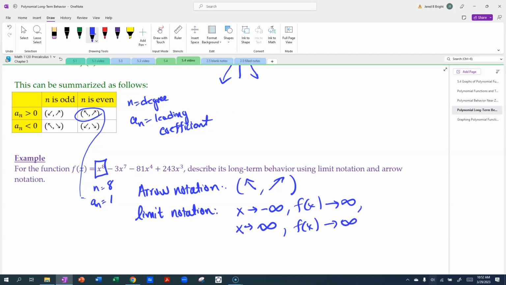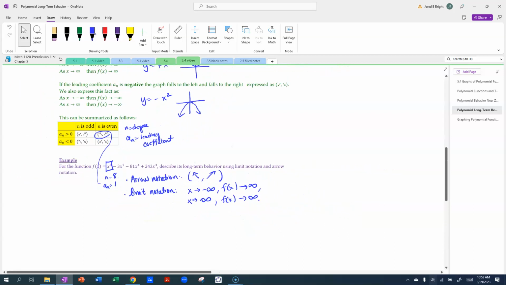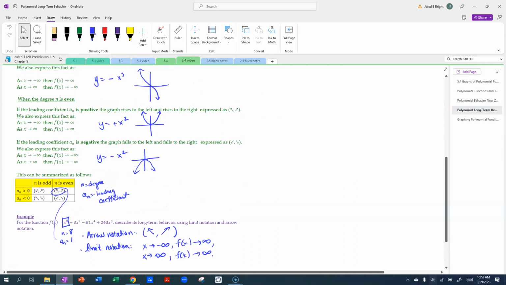Well, that's also increasing. So there we go. Make sure you're fluent in both arrow and limit notation for working with polynomial functions or long-term behavior. Make sure to get this table down in your notes. And now I think we're ready to just about assemble all the pieces of the puzzle to get a full graph of a polynomial function.